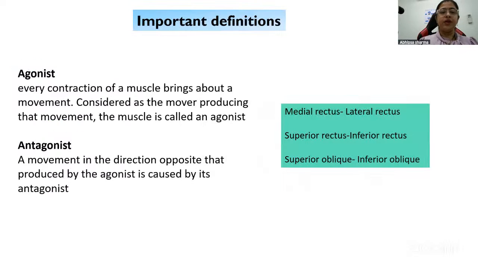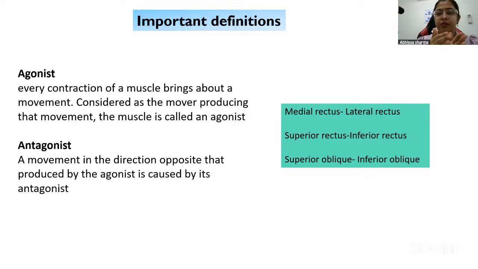And before coming to the other two laws of ocular motility, there are some important definitions which I would like to talk about. So what is an agonist? Every contraction of a muscle brings about a movement. So for abduction, the lateral rectus is the agonist.